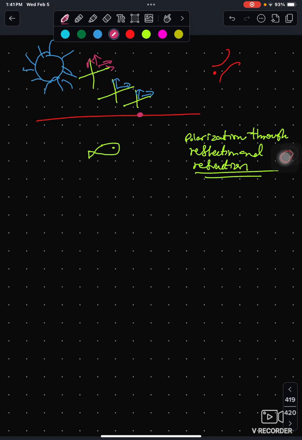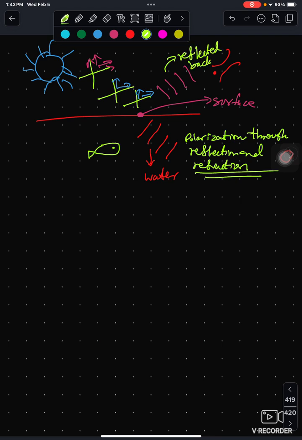But after it has hit this water surface, you will observe that one of the orientations of the light went into the water, and the other orientation was reflected back. Now look, we went from unpolarized light to polarized light. Is that cool? That is cool.